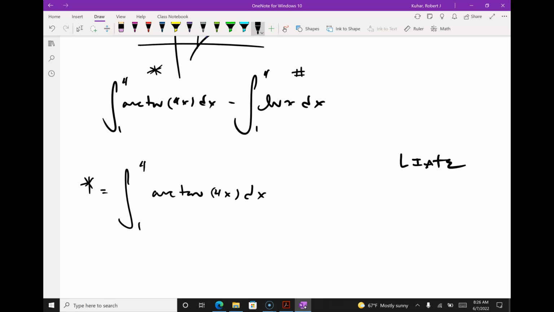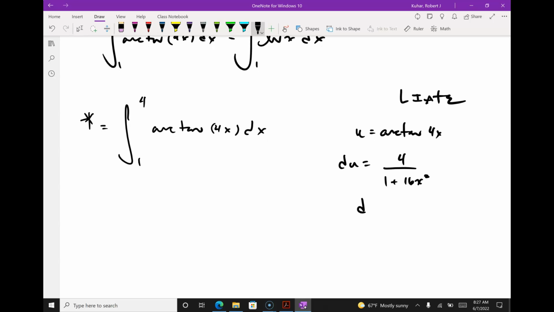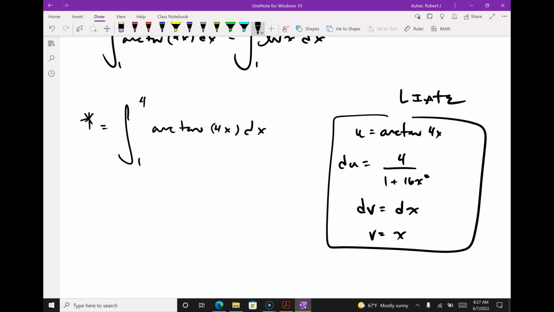So for my LIATE list, what's my choice for u here? Yeah, the inverse trig, right? So arctan 4x, and then du is going to be 4 over 1 plus 16x squared, right? I need the derivative of the inside and the square of the inside. dv is just dx, so v is x. And now I have everything I need, right, for my integration by parts.